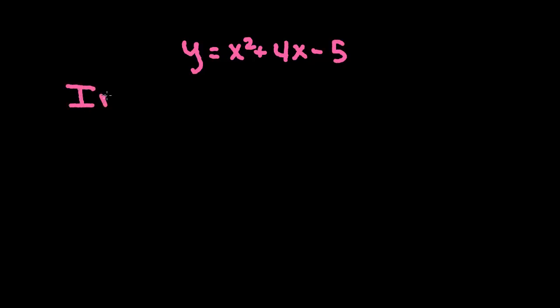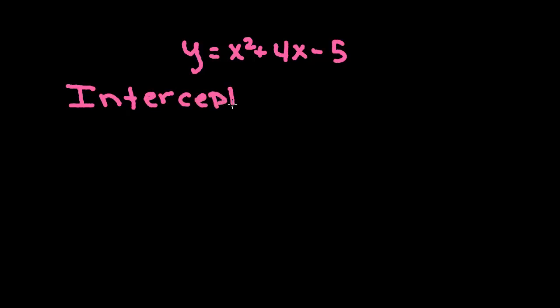Okay, so let's rewrite our equation again. Y equals x squared plus 4x minus 5. And we're going to start off by finding that y-intercept. Let's talk about intercepts for a minute.